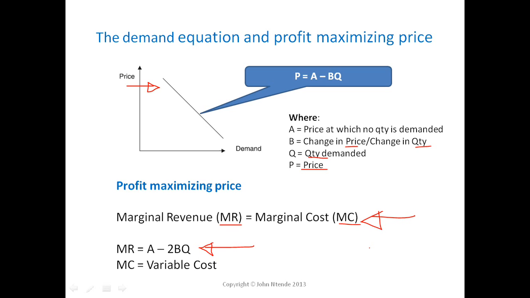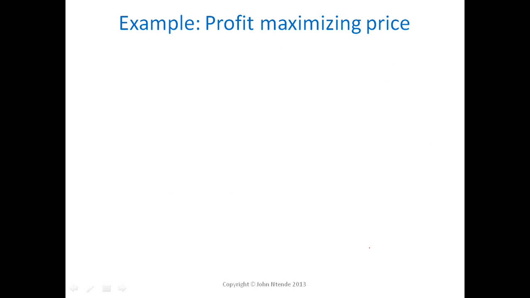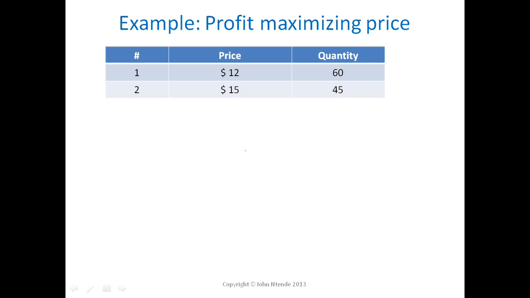So let us briefly look at a simple example of how to find the demand equation and the profit maximizing price. Let's say we're given this information: you have a product where, when the price is 12, the quantity demanded is 30, and when the price goes up to 15, the quantity demanded goes to 45.